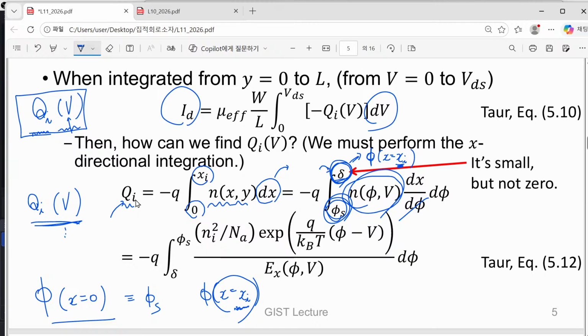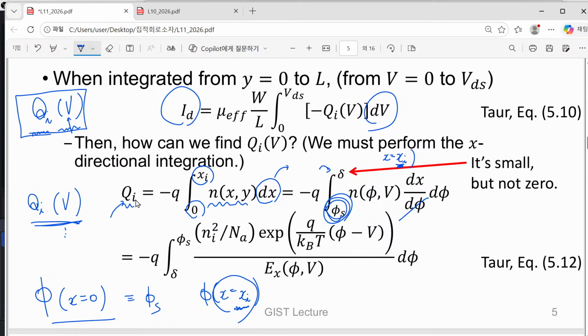If your integration really depends on delta, it means that your delta is not sufficiently small. So just decrease it a little bit; it is approaching 0.